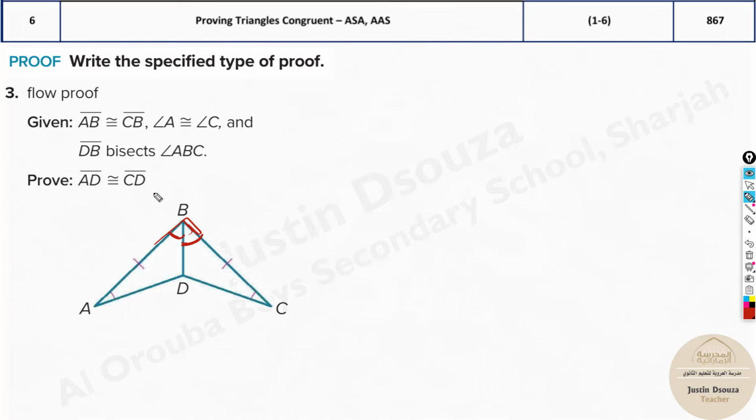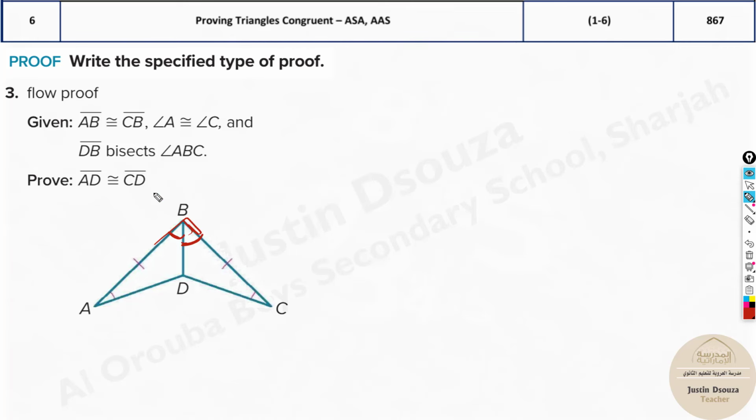ASA. Now, what is the thing? They have asked us to prove that these two lines are equal, right? Because of the ASA postulate, we have proved that this triangle is congruent to this triangle. If there are two congruent triangles, then all the parts, sides and angles, are equal. So this side is equal to this, is equal to this. All the sides and angles are congruent.